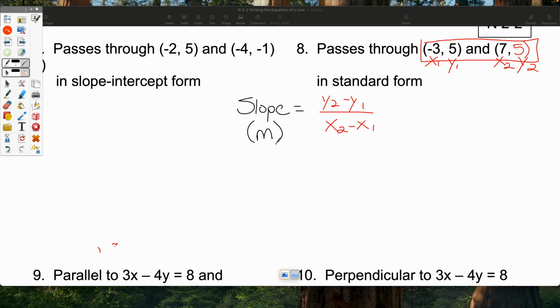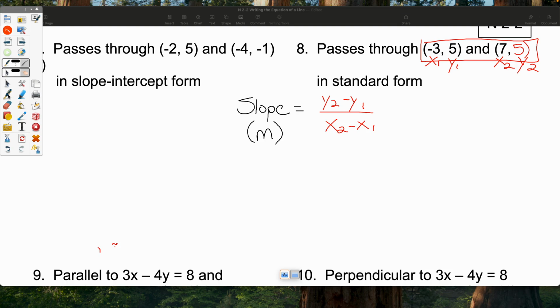So my slope, that's the formula for solving slope or solving for your m value, however you want to think of it. M value is your slope. We use y2 minus y1 over x2 minus x1.